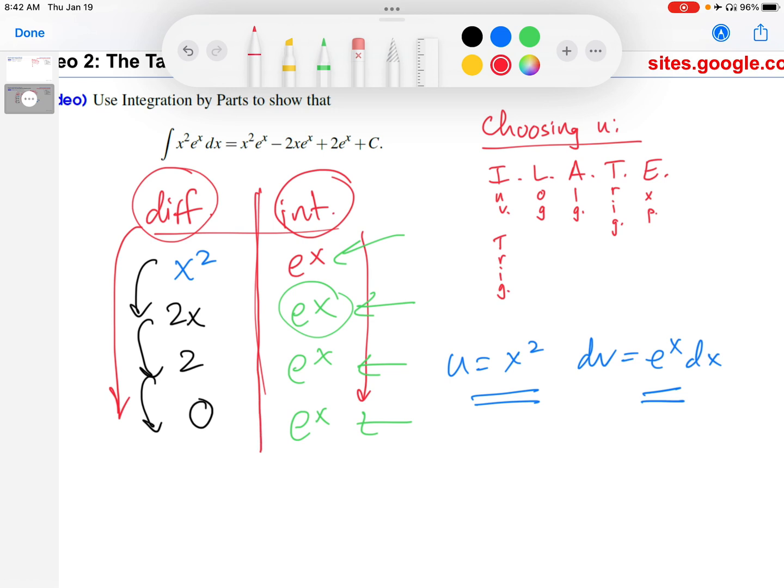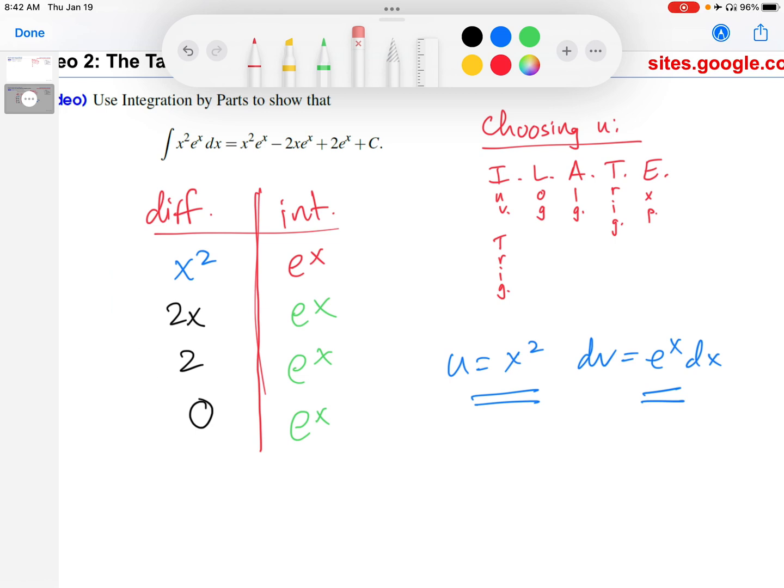Okay. And now here is really where the magic comes in with the tabular method. I need to multiply these terms and then change their sign. So I'm going to indicate that in the following way. This arrow is going to mean multiply. And then you start off with alternating signs.